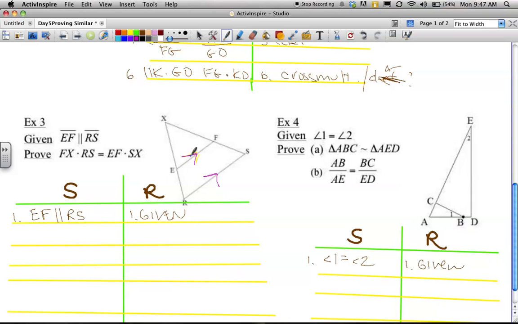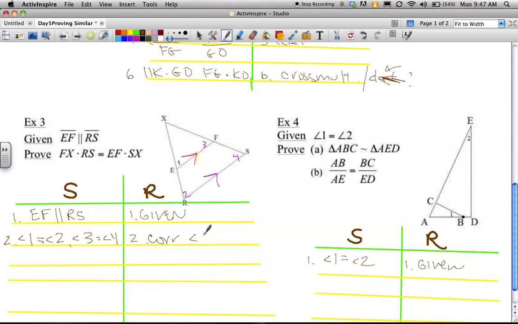Well, we have to go back to remembering what parallel lines do. They break things into corresponding angles. So if this is angle 1, angle 2, this might be angle 3 and angle 4. We know that angle 1 equals angle 2 and angle 3 equals angle 4 by corresponding angles congruent because the lines are parallel.